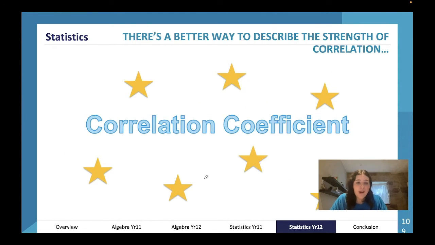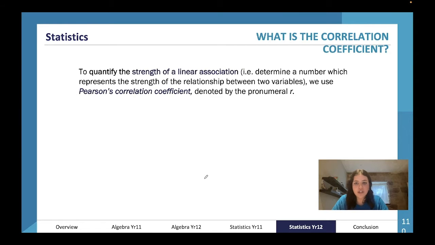Now, there's a much better way to describe the strength of correlation without having to depend on words. We can actually just use a number. This is called the correlation coefficient. You might also see it called Pearson's correlation coefficient. What is the correlation coefficient?